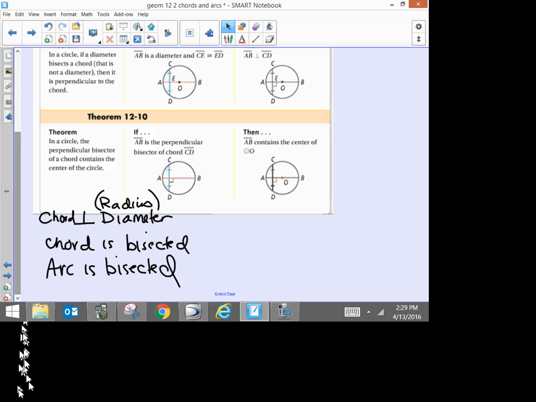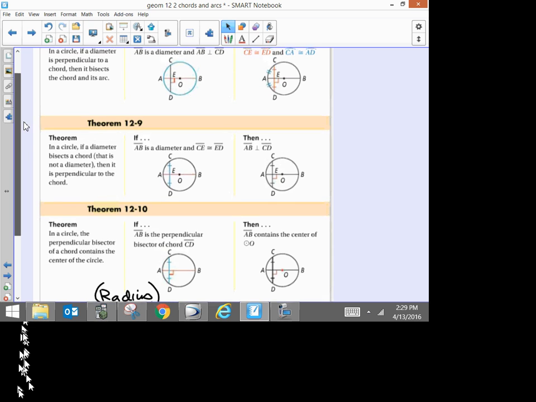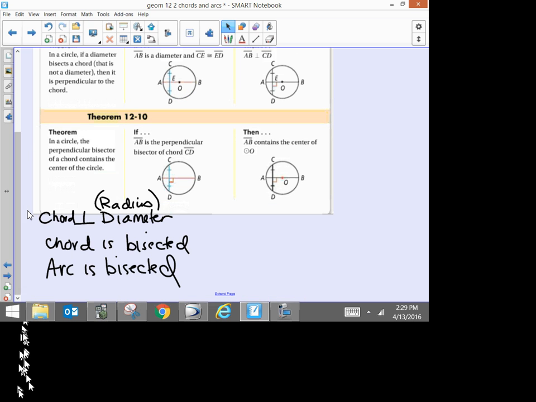Yes? Why do you need the perpendicular, like the chord part? Because wouldn't the diameter always have the center of the circle on it? In which one are you referring to? Here's the thing. If you've got the bisector and the perpendicular, this is automatically going to be a diameter.